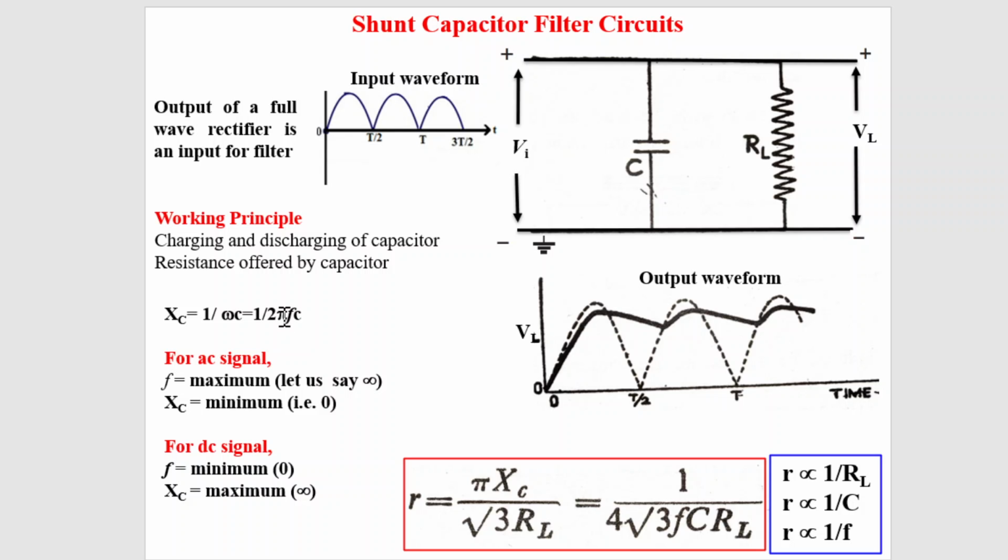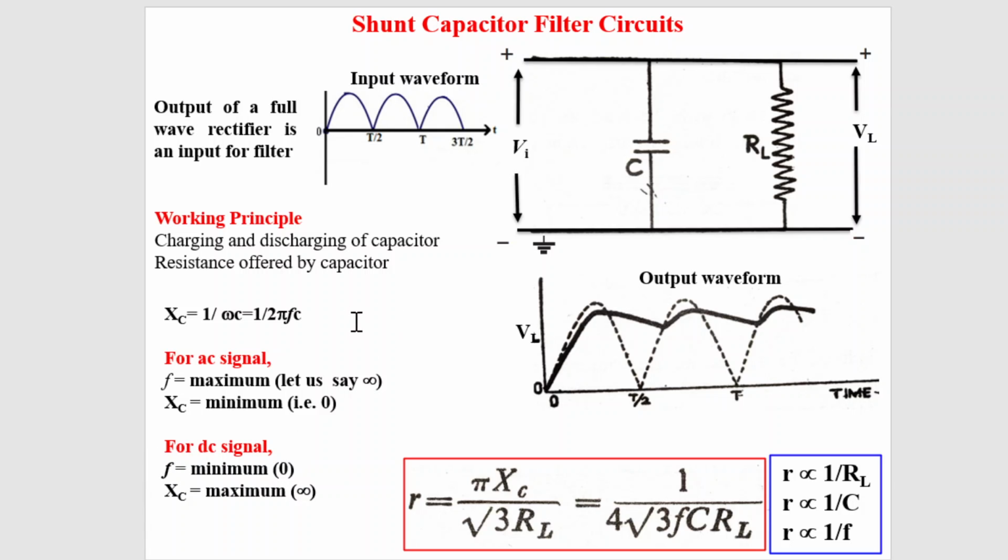And we know that for an AC signal, frequency is high. An AC signal has some frequency, and a DC signal, which is constant, has frequency 0. So let us assume that for an AC signal, frequency is maximum, say some infinite value, and for a DC signal, frequency has 0 value.